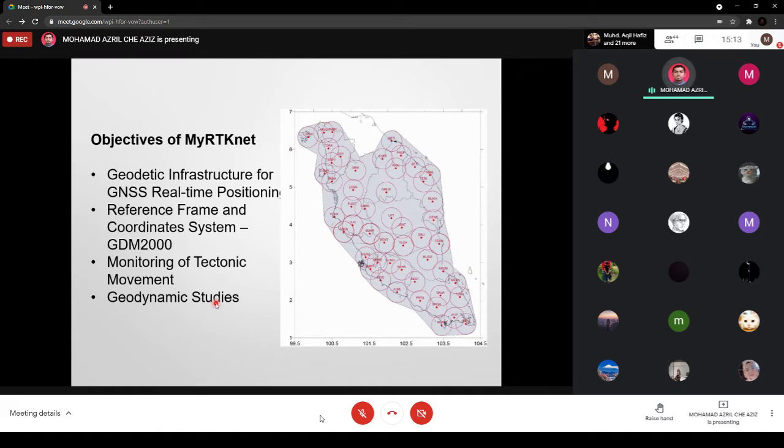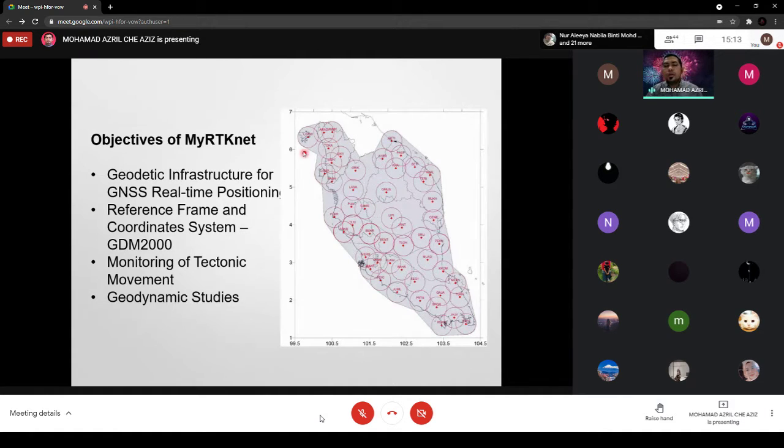If we see in the northern area, you have Arau, and then you have Langkawi, and then Tokai in Kedah, and then UUM.